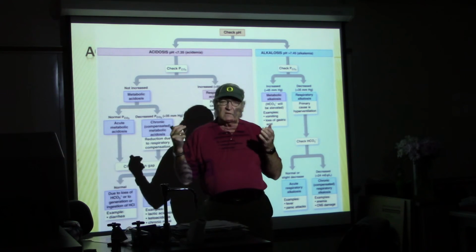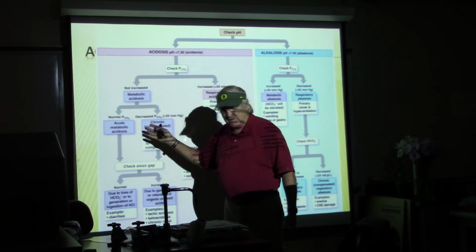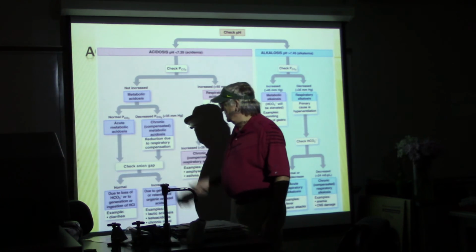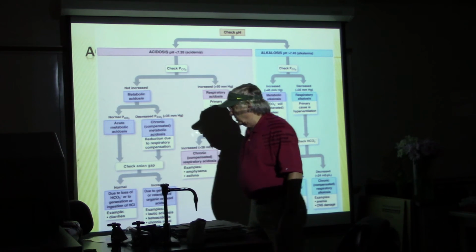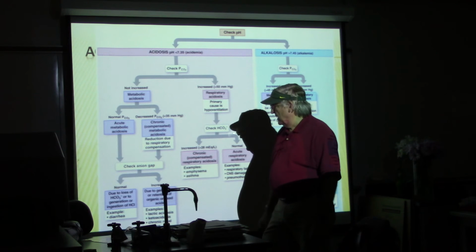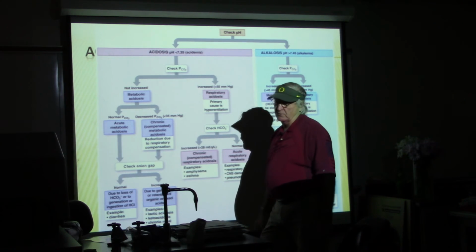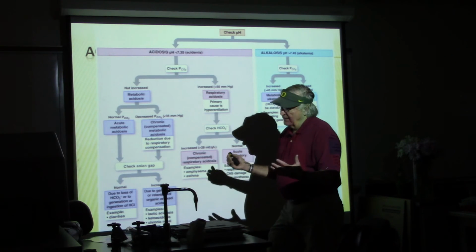In other words, you're going to start breathing fast, okay? The way you check that is by checking the PCO2 level. If it's normal, it's acute. If it's decreased, it's a chronic metabolic problem, and the respiratory system is reducing the amount of acidosis, and that's good.